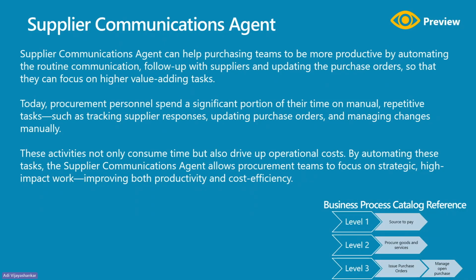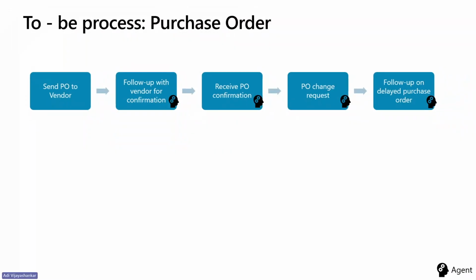These activities not only consume time, but also drive up operational costs. By automating these tasks, the agent allows procurement teams to focus on strategic, high-impact work, improving both productivity and cost efficiency.